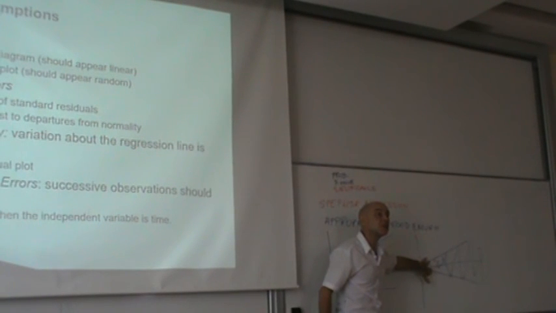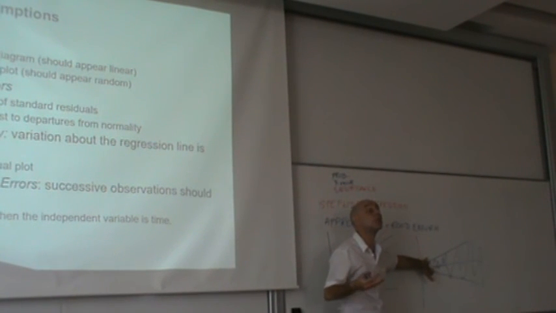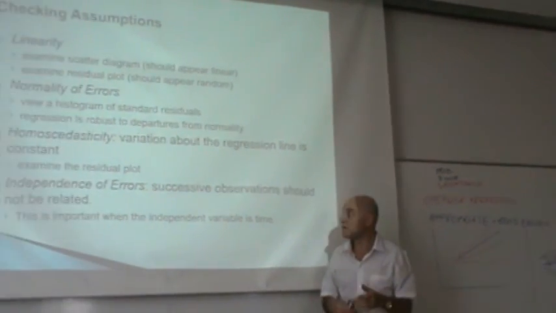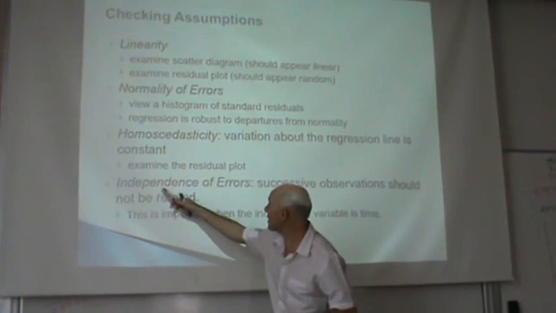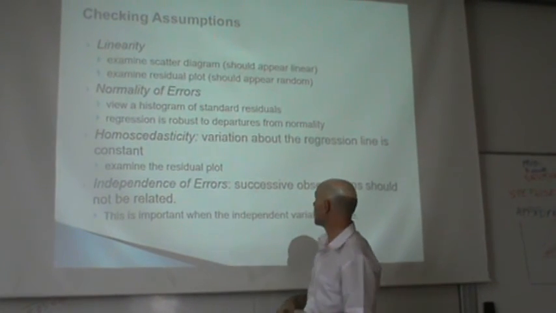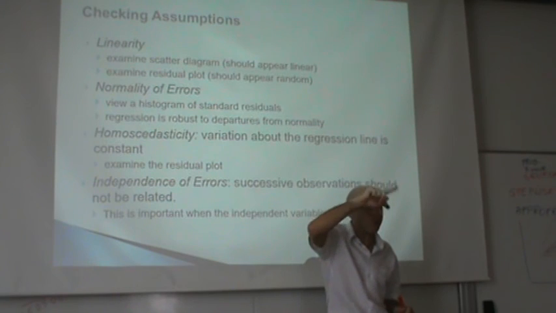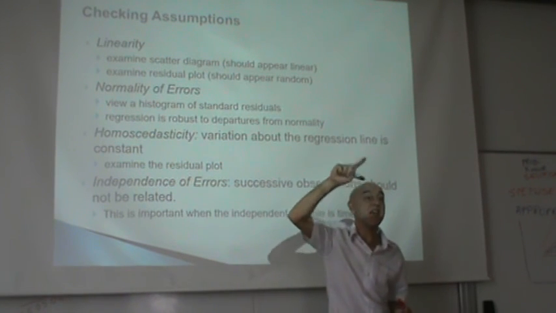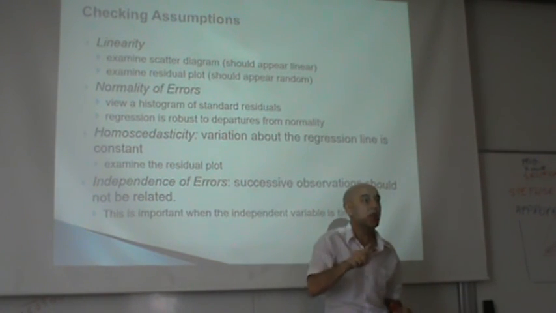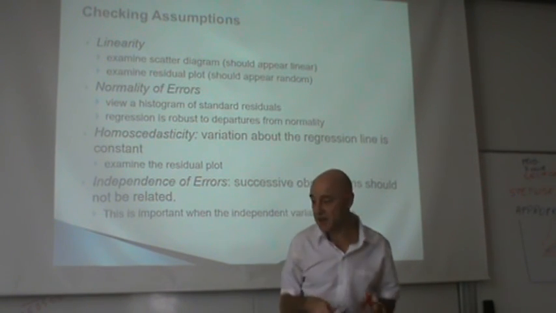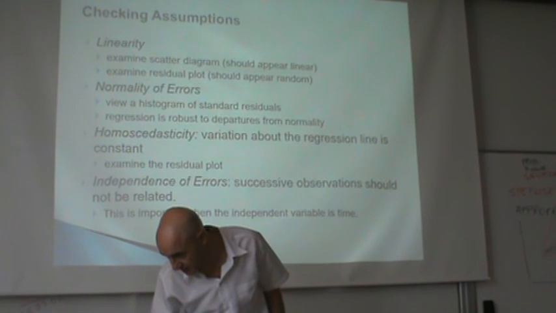If it's a funnel, it usually shows you a problem. And if it's a channel, it is relatively okay. And finally, they must be independent. For independence, you look at the picture to see whether the residuals stay too much positive or too much negative. They should be zigzagging quite randomly.